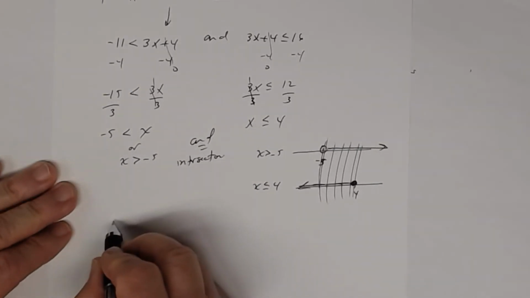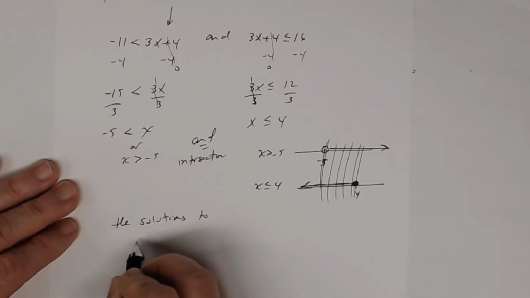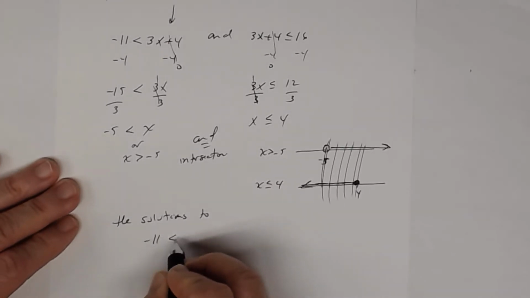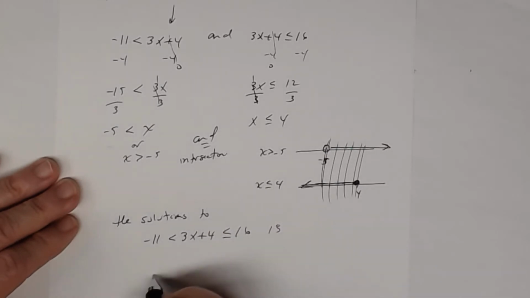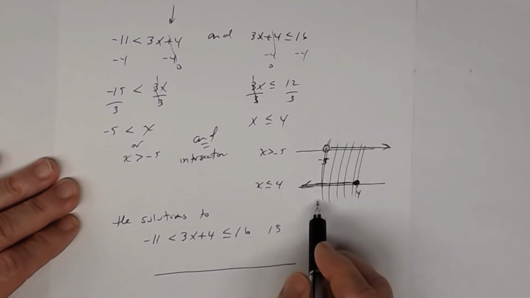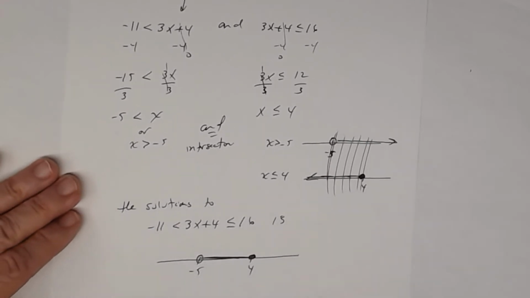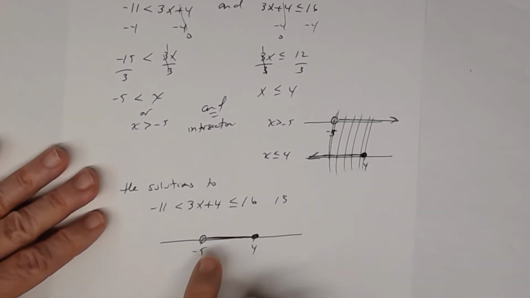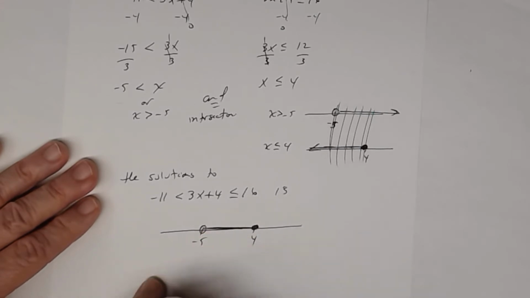And so you would say this: the solution to negative 11 is less than 3x plus 4 is less than or equal to 16 is, and then if you graph it, negative 5 with an open circle to 4 with a closed circle, and then shading it in. Okay? All right, so that's the graph. That's the solution. So the solutions to this inequality would be any real number that's between negative 5 and 4.